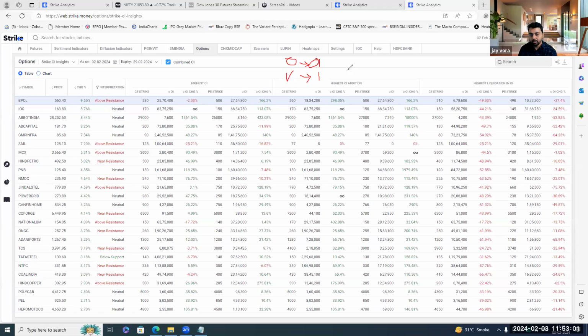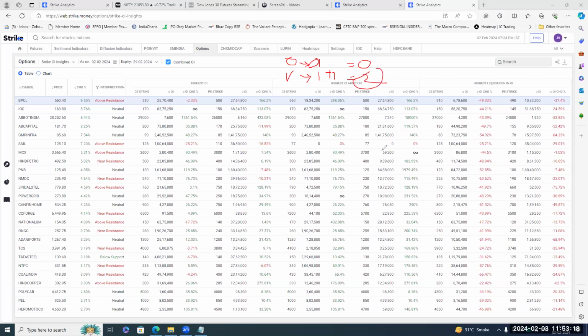But your volume will be added because one more trade took place. So your end result is that OI is 0 and volume is 2. That means 2 contracts got traded, but the number of contracts which are open is 0. Okay, got it.